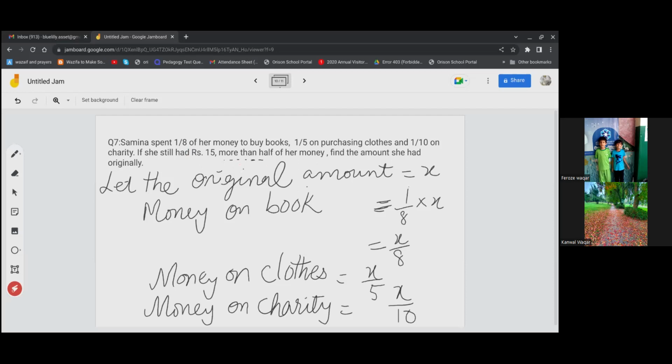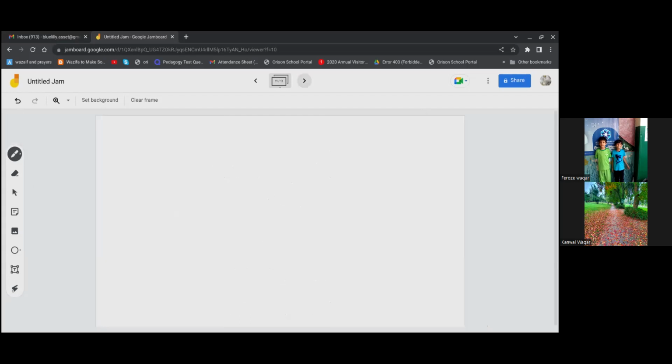Half means 1/2 multiplied by x. So the remaining she has is 15 plus x by 2.